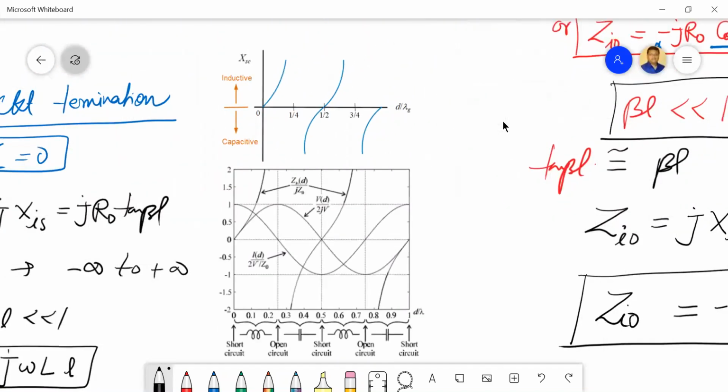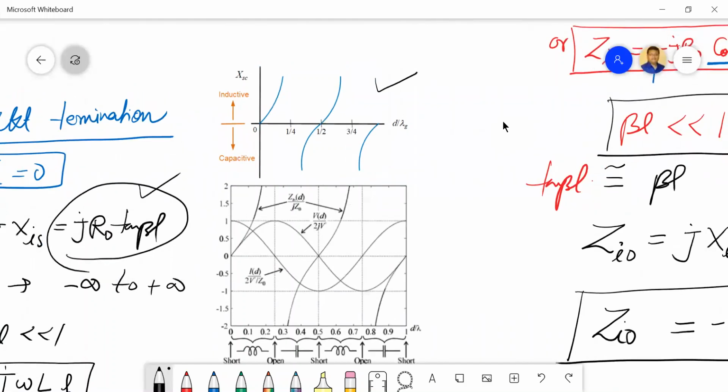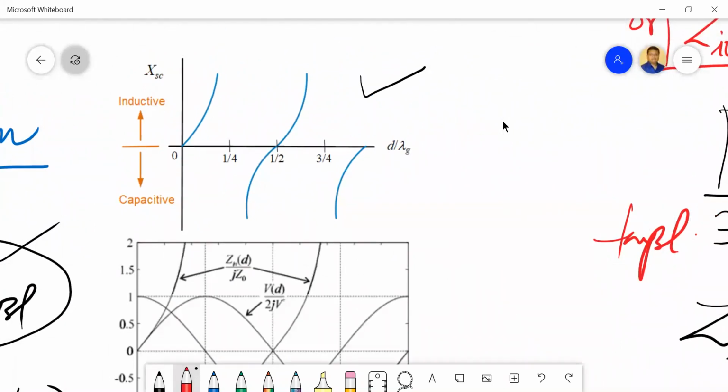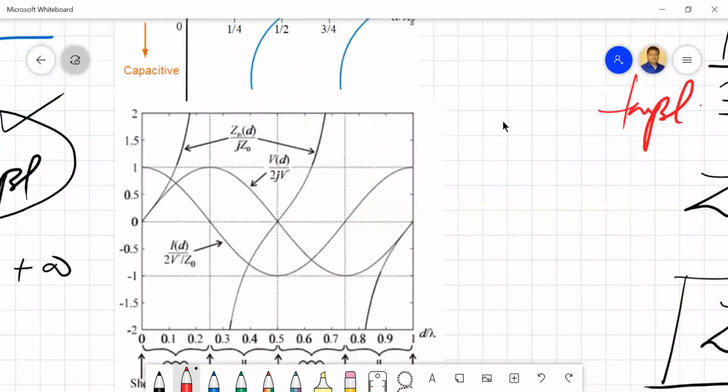Now, if you plot this, the plot will look like this. Up to lambda by 4, it will offer the inductive behavior, and between lambda by 4 and lambda by 2 it will offer the capacitive, and it will keep going on like that.